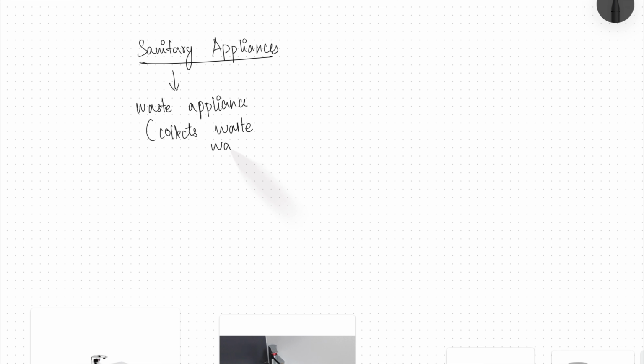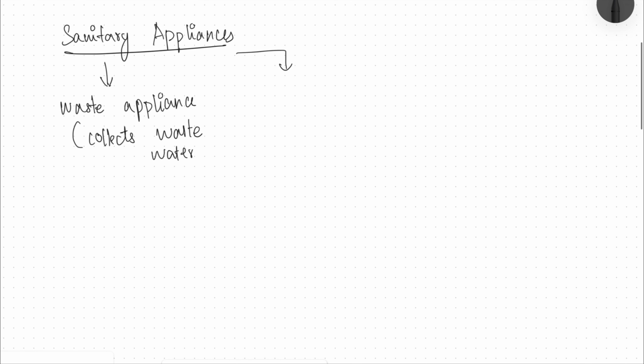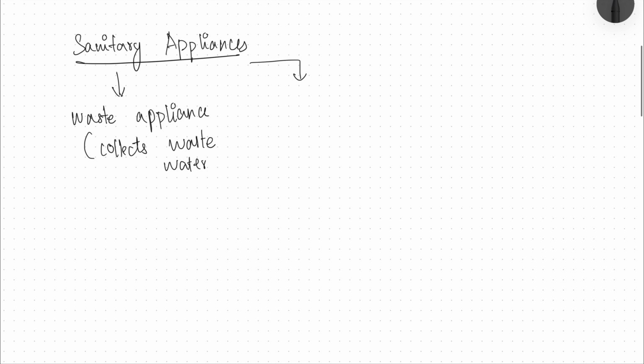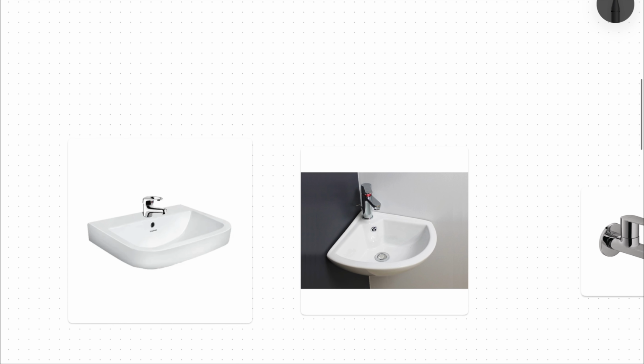And if it collects human excreta and other soil wastage, then it's called a soil appliance. Now let's look into different sanitary appliances, and we'll start with wash basins.